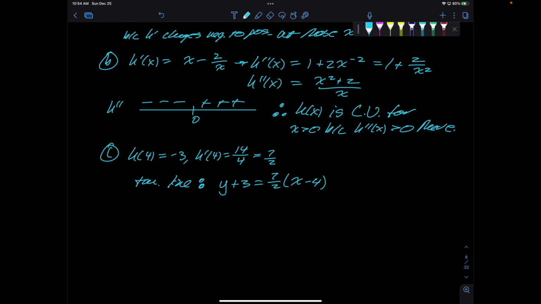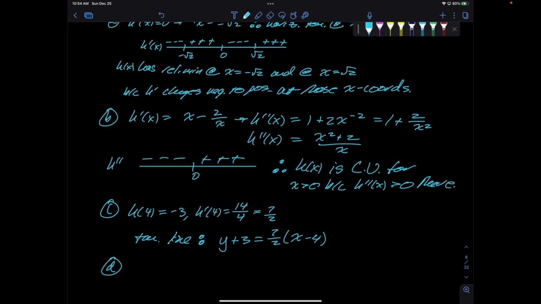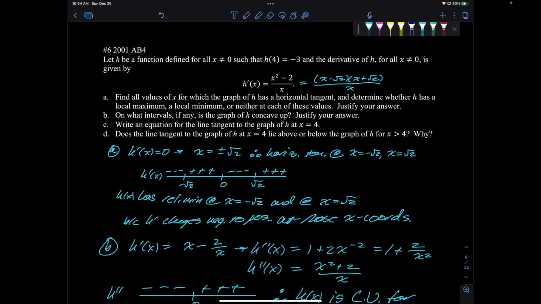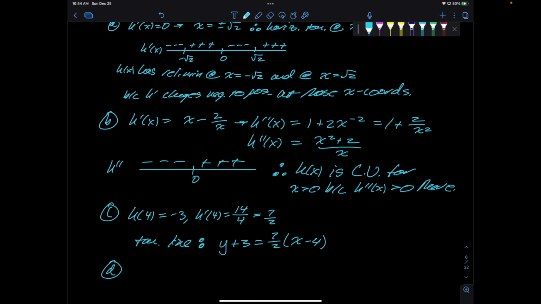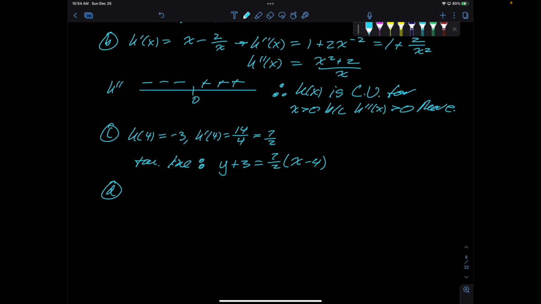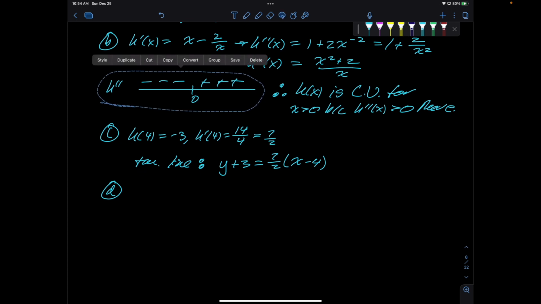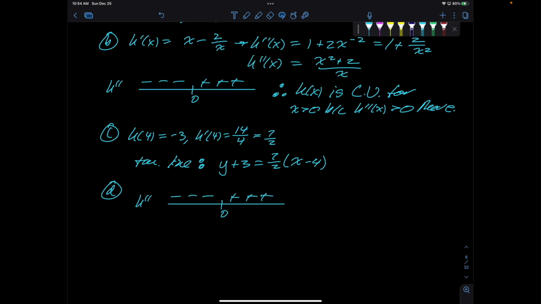And then part D says, does the line tangent to the graph of h at x equals 4 lie above or below the graph for x greater than 4? Okay, so our sign chart for this, we have this. Greater than 4, we are concave up.